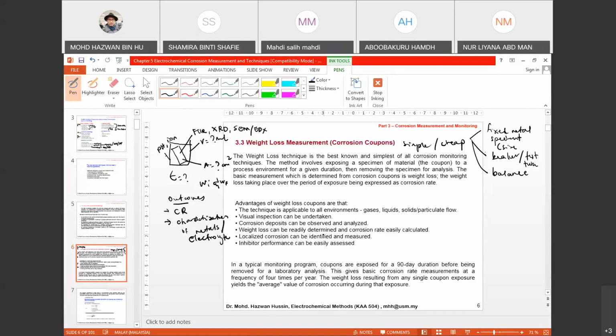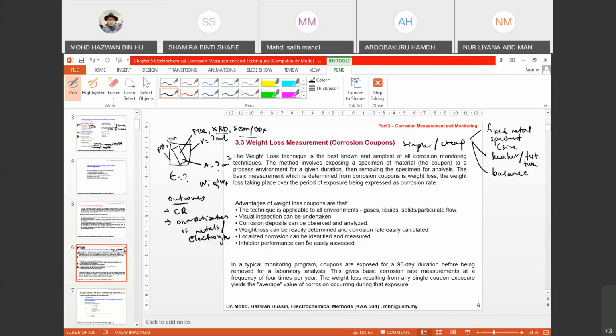It gives a visual inspection because you can see the color changes. When you dip the metals in the solution, you see that it becomes brown in color. Corrosion deposits can be observed and analyzed, as I said, with the guide of XRD methods and SEM-EDX.